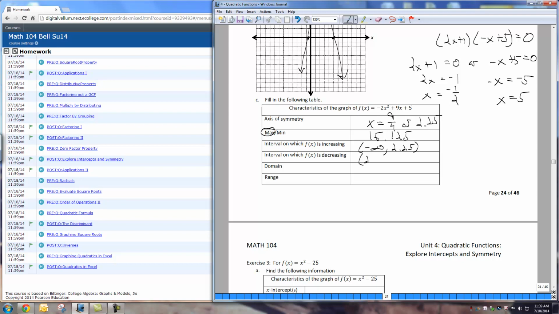And then it decreases from 2.25 to infinity, right? It's decreasing on this side of the axis of symmetry. It's decreasing over here, it's increasing over here. Our domain, once again, is all real numbers. And our range, now we have a maximum value, so the range is negative infinity to 15.125 bracket.